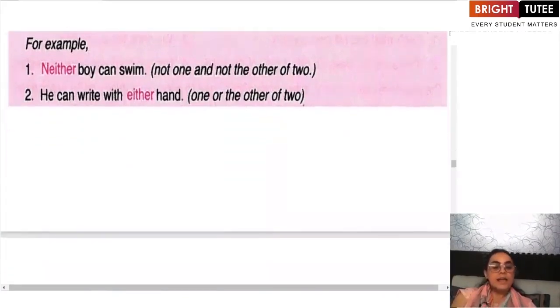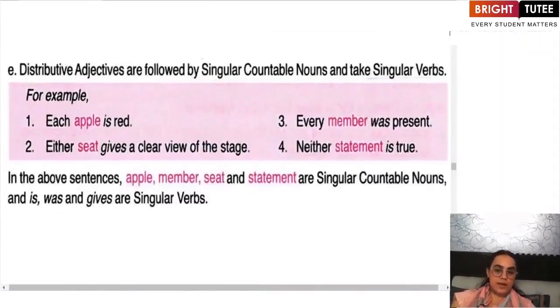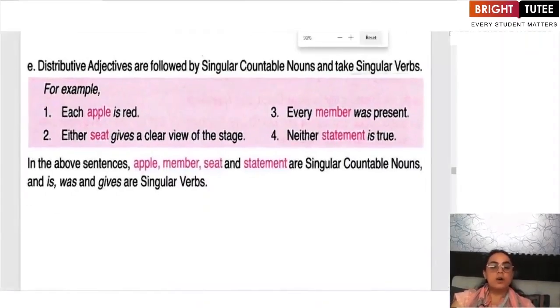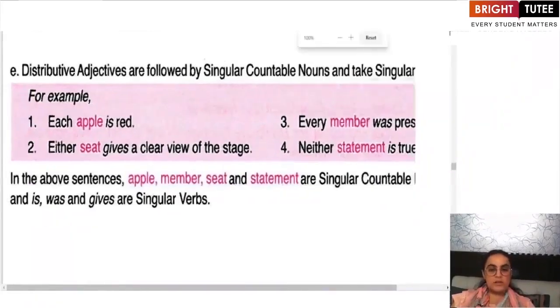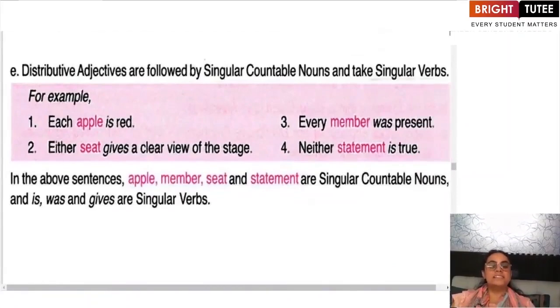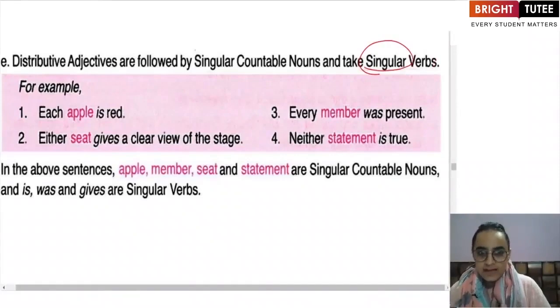Okay. Next, we have the distributive adjectives, which are always used with singular countable nouns and therefore have singular verbs. This I taught you even when we did pronouns, if you remember. If I give you some more examples, each child is special.